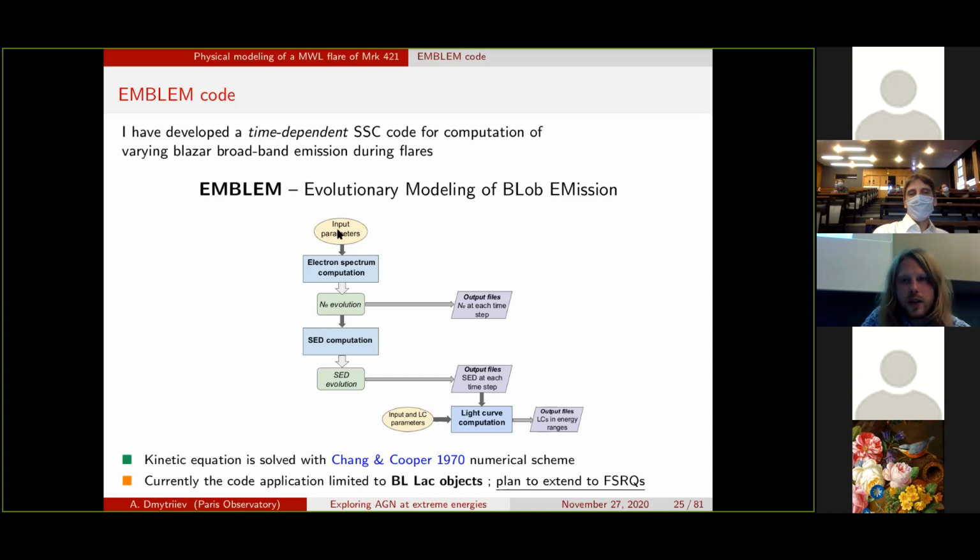You specify the input parameters, and then you compute the electron spectrum using the Chang and Cooper numerical scheme. So you get the electron spectrum evolution on the time grid, and it serves as an input for SED computation. And then you get the SED evolution in time. And this is all written down to output files, and then you generate light curves by integration of the time-dependent emission.